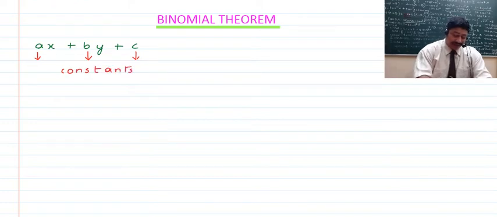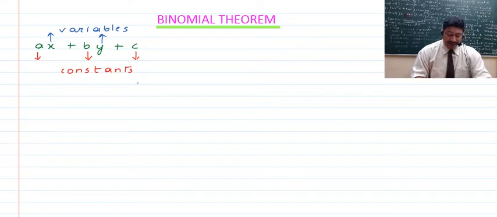And now children, x and y are actually your variables. So we have constants and variables which are linked up by multiplication or division, and further by addition and subtraction, to form an algebraic expression.